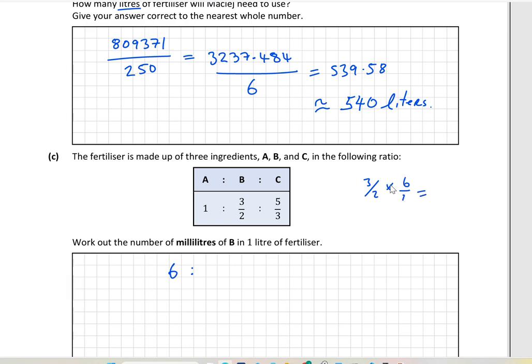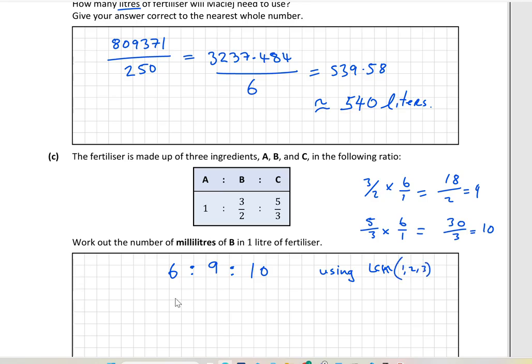6 over 1. So that's 6 threes is 18, all over 2 is 9. So I'm going to change that to 9. And the other one then is 5 over 3 multiplied by 6 over 1, which is 30 all over 3, which is 10. So that's going to be like that. Okay, using the LCM of 1, 2, and 3, which is really all I did there.